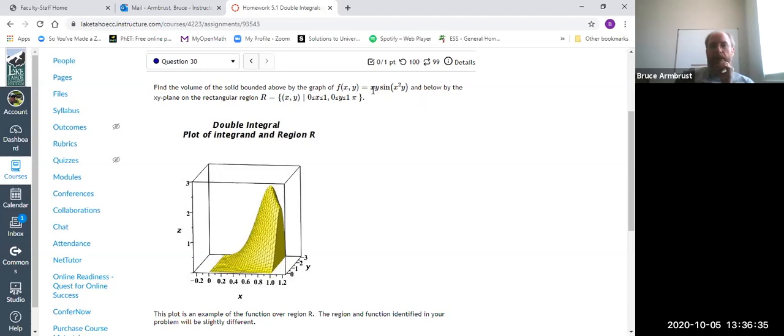So we want to be under this, right? We're bounded above by this and below by the xy plane. And we're going to look on the rectangular region, x from 0 to 1, y from 0 to pi. Okay, so kind of your standard deal here. So let's set up the double integral and see how we're going to go about it.